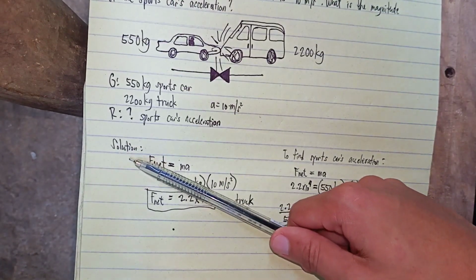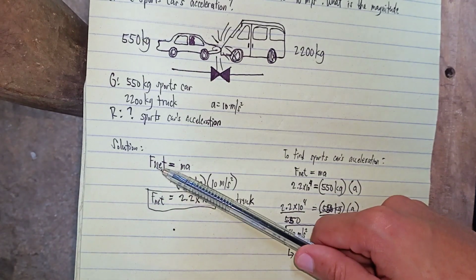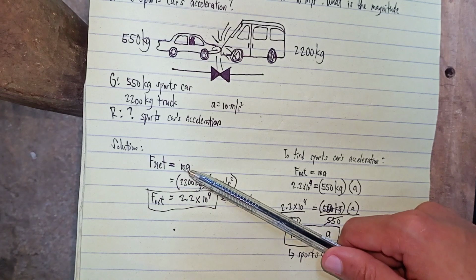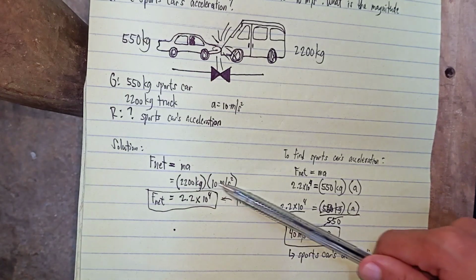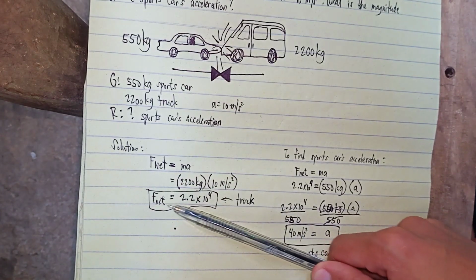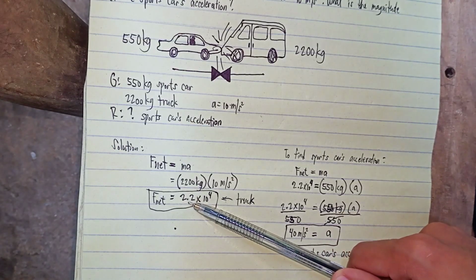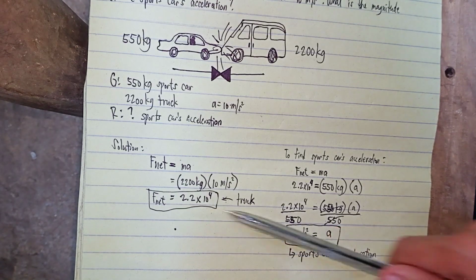For the solution, using Newton's second law of motion formula, F net equals ma. Substitute mass, then acceleration, then multiply. The F net here is 2.2 times 10 to the power of 4. This is the F net of the truck.